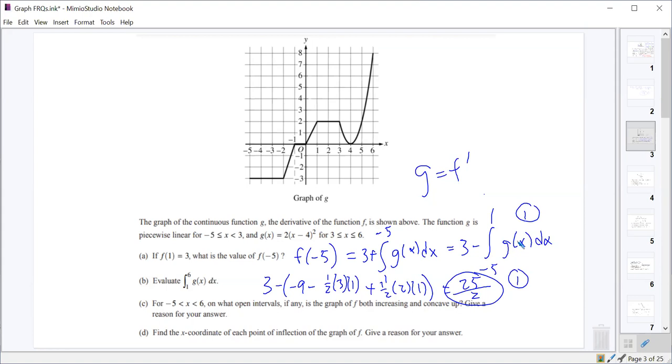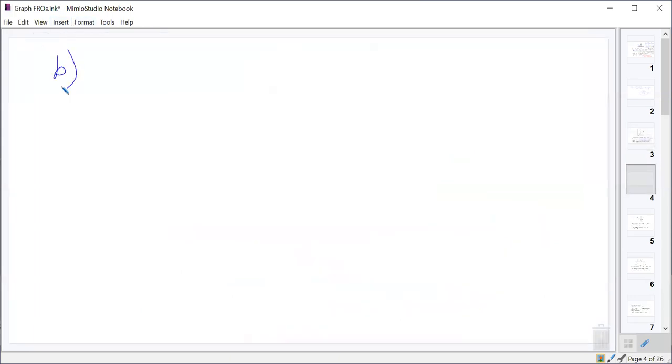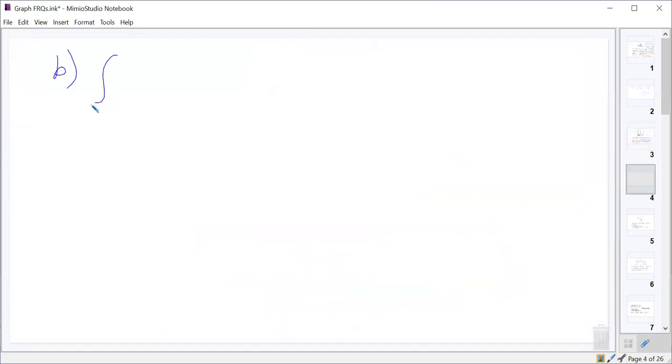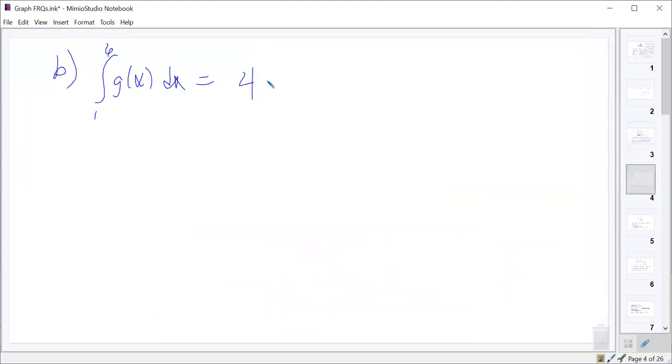Zoom good. Wonderful. All right, part B asks us to evaluate the integral from 1 to 6 of g. Well, the first part of that is a square with an area of 4.